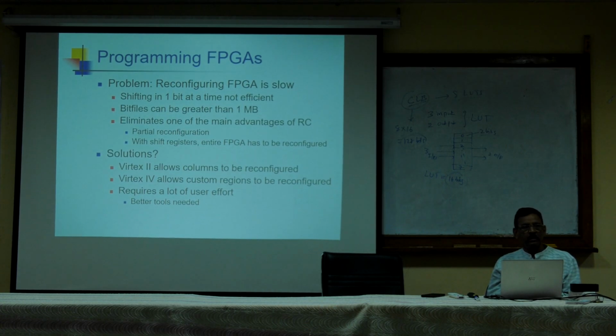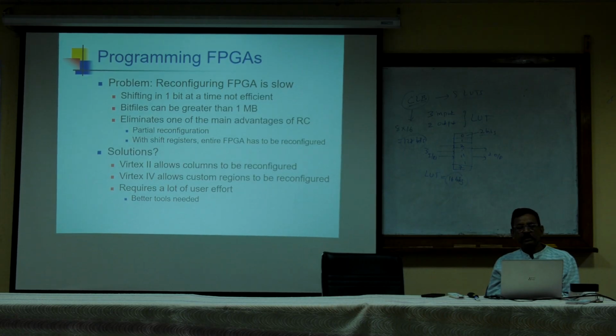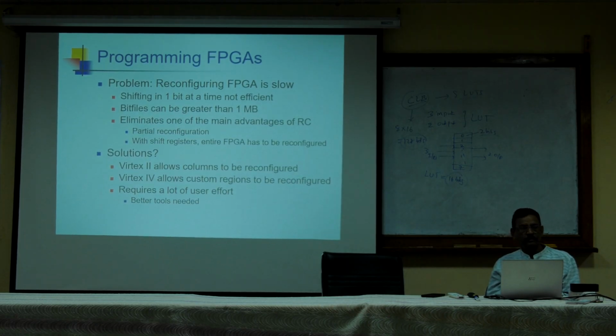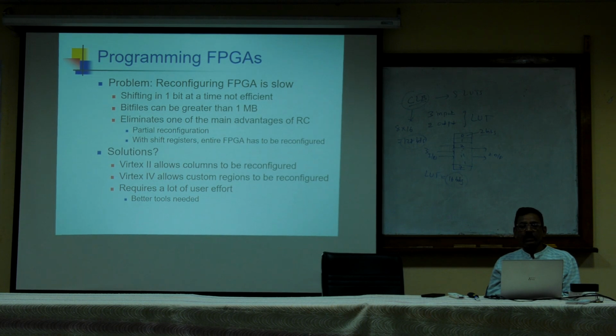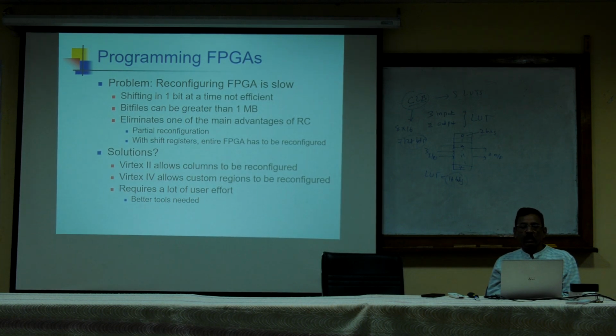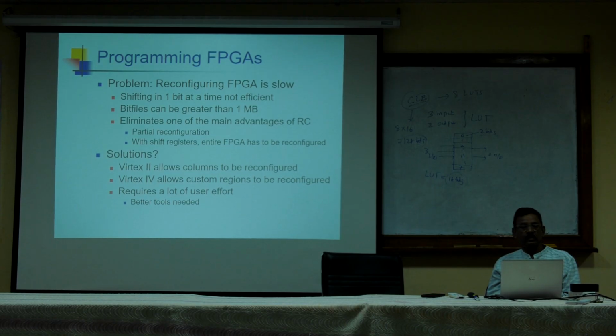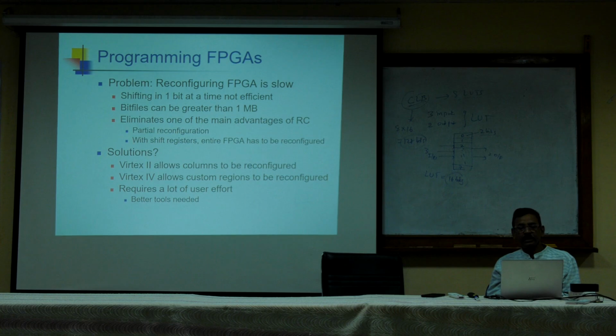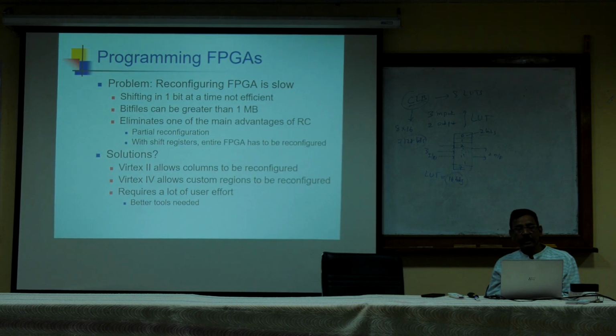Bit files can be greater than 1 megabyte. This eliminates one of the main advantages of reconfiguration. RC is reconfigurable, but with partial reconfiguration using shift registers, the entire FPGA has to be reconfigured.